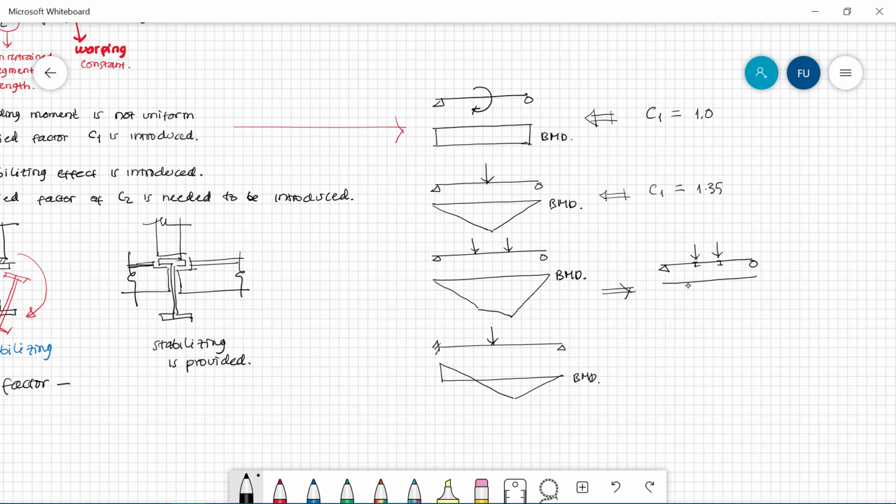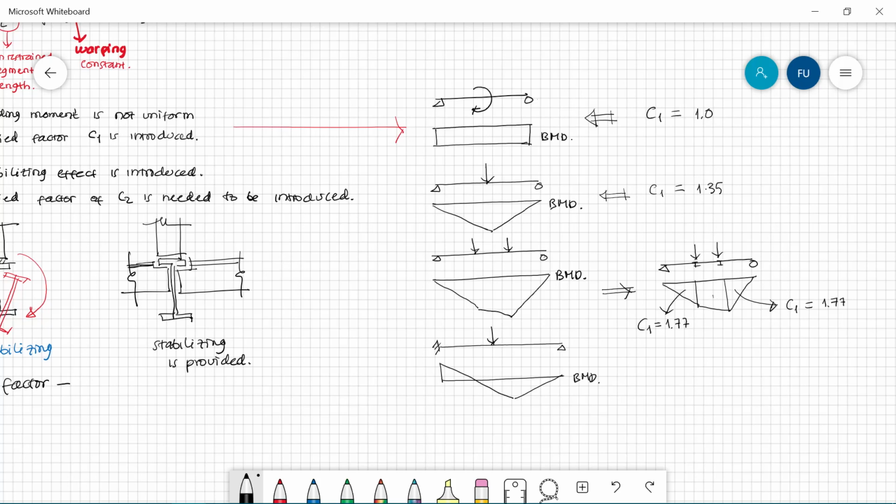So the bending moment diagram is actually split into three areas. Here, for the half triangle, C1 is equal to 1.77. So same as this one, C1 is equal to 1.77.